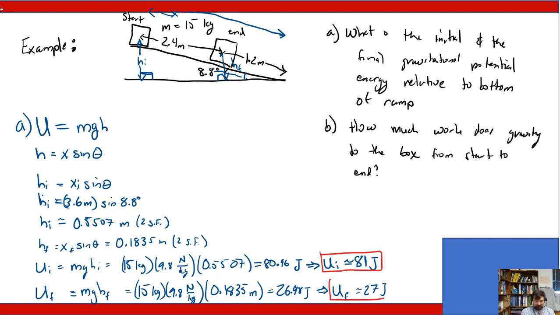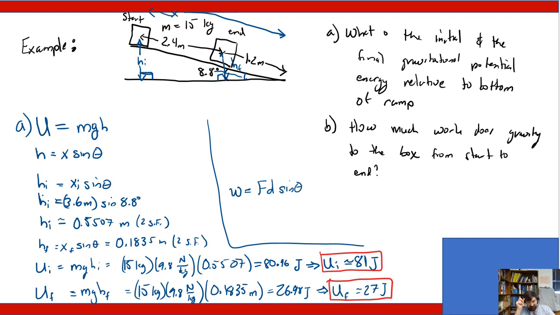Okay, now we got to calculate the work. Work should be force times distance times sine of the angle between the force and the distance. All right, well, the force is vertical, the distance is in, sorry, I said sine, I meant times the cosine, excuse me.